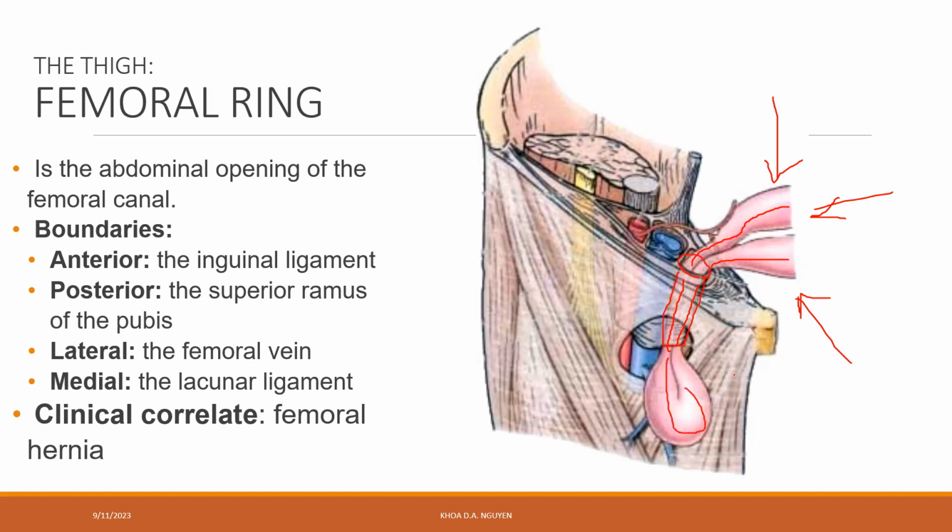This is what is known as the femoral hernia, and it is one type of hernia that is frequently encountered, especially in women. In the male, usually it is the inguinal canal that is compromised and you get inguinal hernia. But in the female, usually it will be the femoral ring that abdominal contents are pushed through. Therefore, the female condition of hernia is most likely going to be femoral hernia.